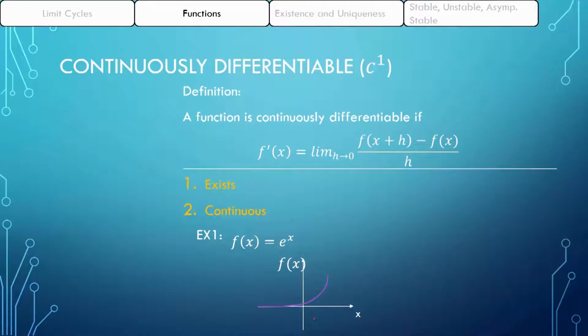So this function, of course, is continually differentiable. It's a C1 function. The first order derivative is continuous because C1. If the second derivative is continuous, we call it C2. What is C0?